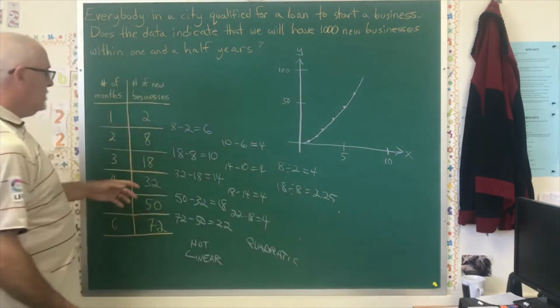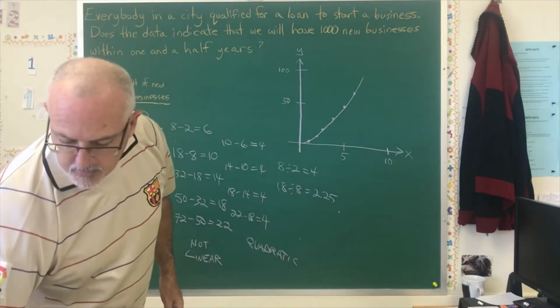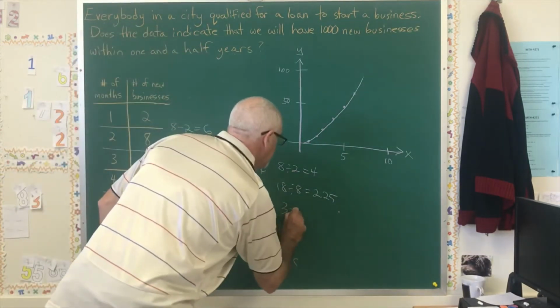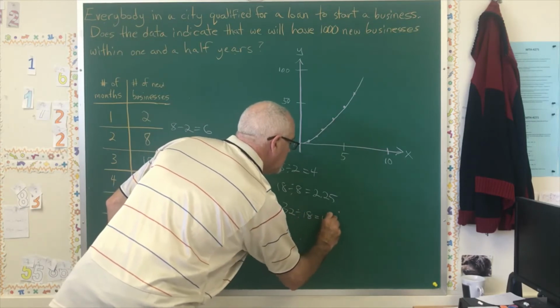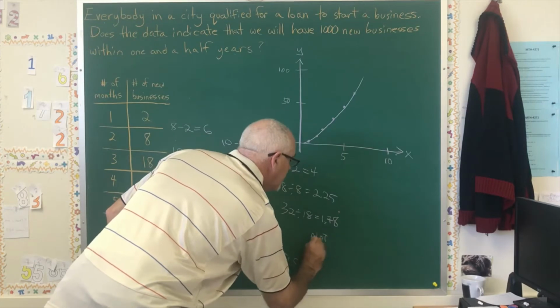I'm not getting a constant ratio. 32 divided by 18 is 1.78. So I can say it's not exponential.